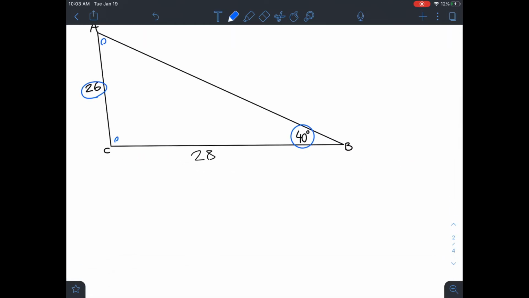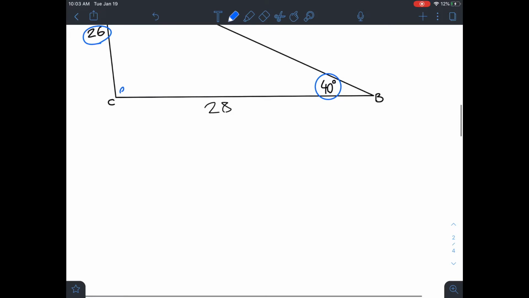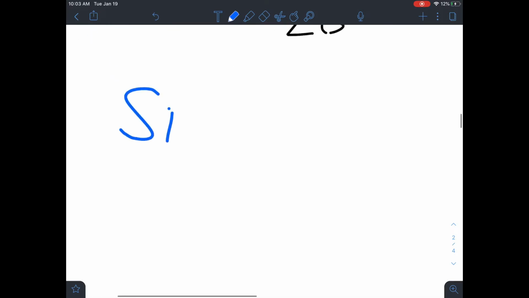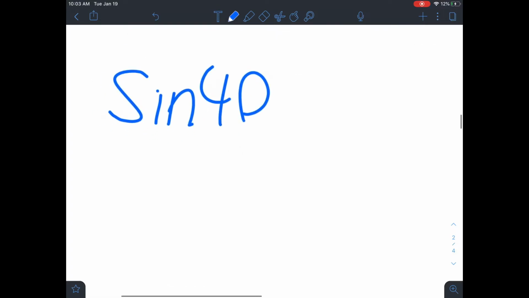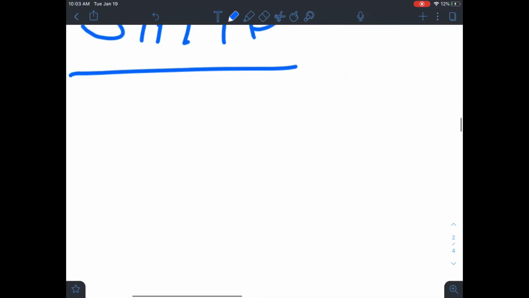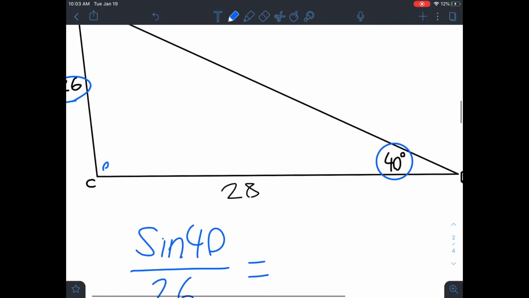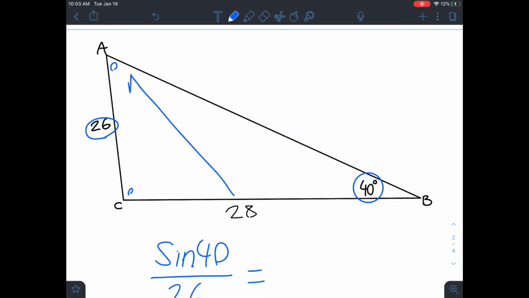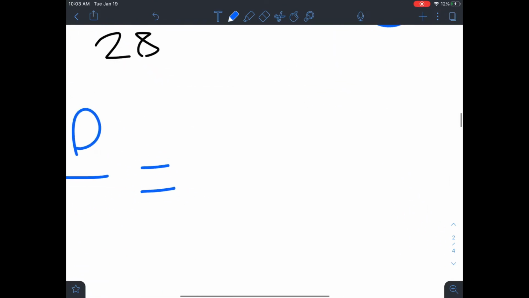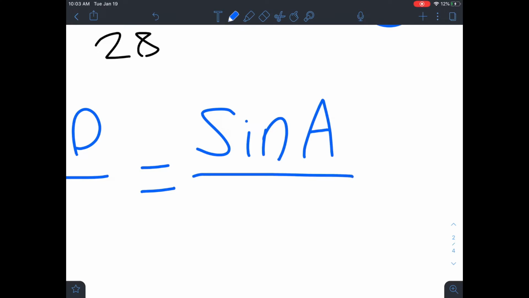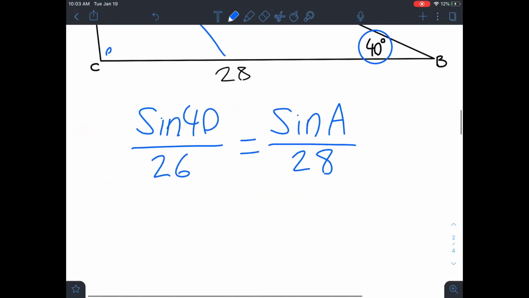So, going on, we would write sine 40 over our 26 equals, and right now I'm going to find A. So over sine A, 28.